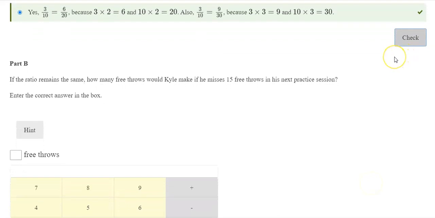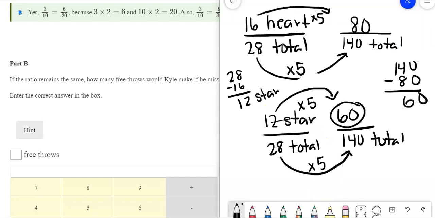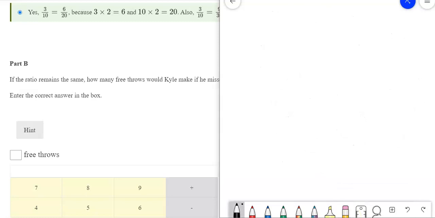B. If the ratio remains the same, how many free throws would Kyle make if he misses 15 free throws in his next practice session? So let me get this erased. His first one that he had, there's 3 misses, 10 attempts.